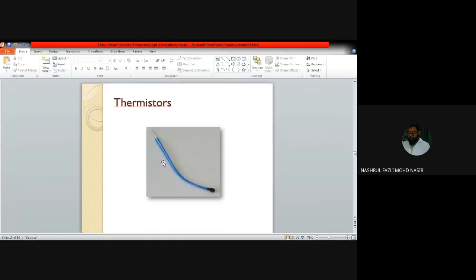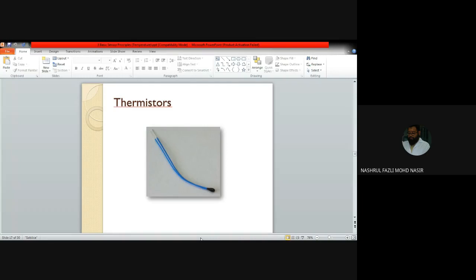This is how a thermistor looks like. Please, always when you browse your notes, compare. There is a difference of materials. Thermocouples use metal, two metals.